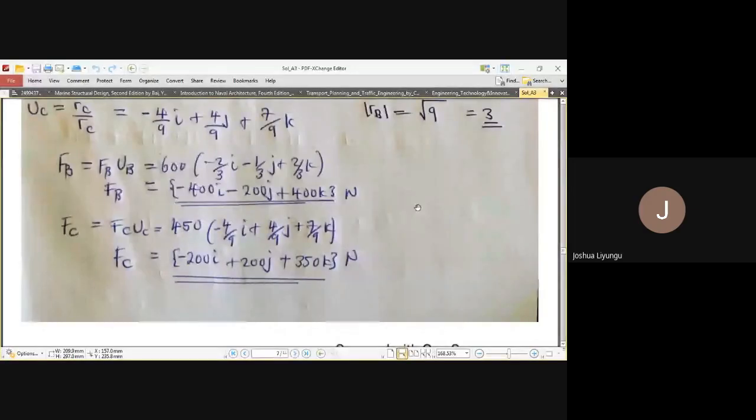If we're supposed to put the answer, it's just the Cartesian component. So we just put negative 400I, then negative 200J plus 400K, without spaces? Yes, no space.